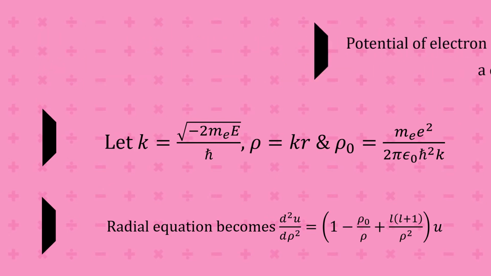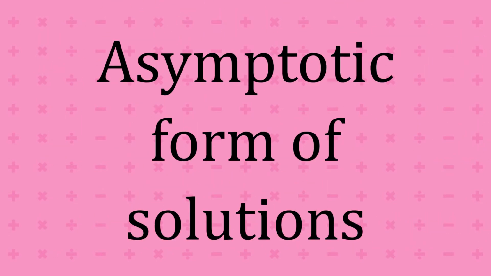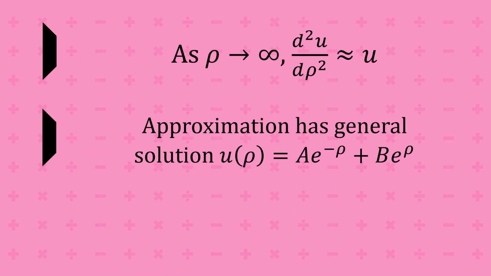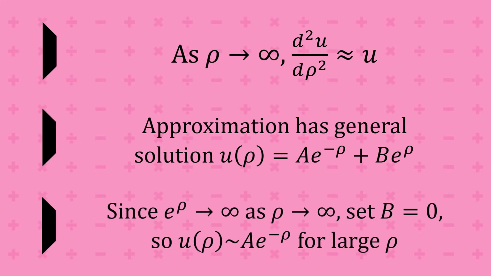In a hydrogen atom, the potential of an electron is given by this expression here, where E0 is a constant. To simplify the radial equation, we let k equal this expression here, ρ equal kr, and ρ0 equal this expression here. Then the radial equation becomes this equation here. To find the solution to this, we first examine the asymptotic form of the solutions.